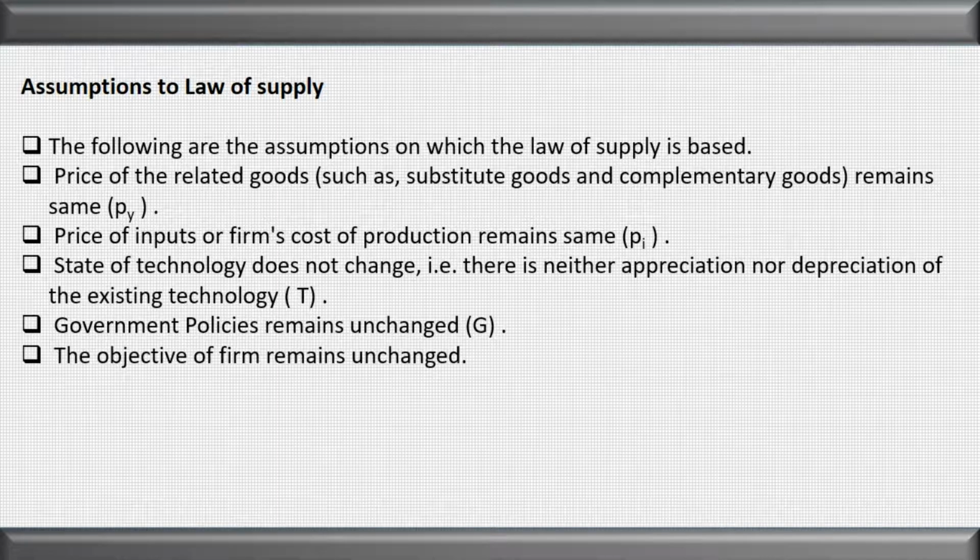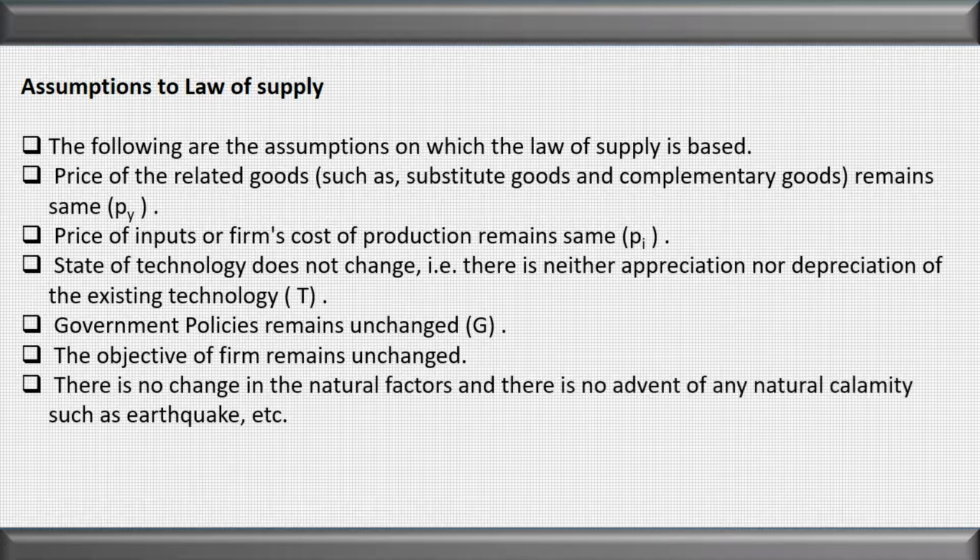We presume that the goal of the firm or the objective of the business is unchanged. And we also presume that the natural factor is also not changing. What it means? It means that there will be no calamities, earthquake, etc. So these are the assumptions of the law of supply. It means the law of supply will be applicable when these assumptions are followed.